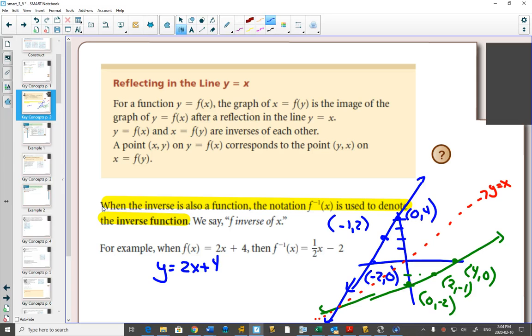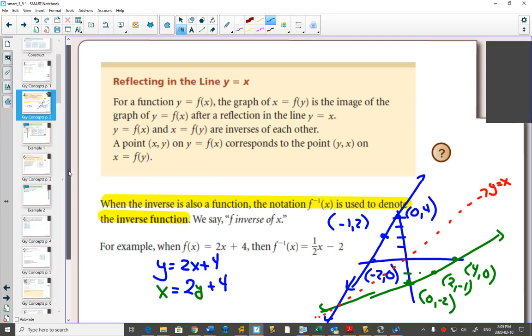If you switch the x and the y value, in other words, I write x equals 2y plus 4. Do you see that all I did was switch the x and the y values? And now I get the y by itself again.